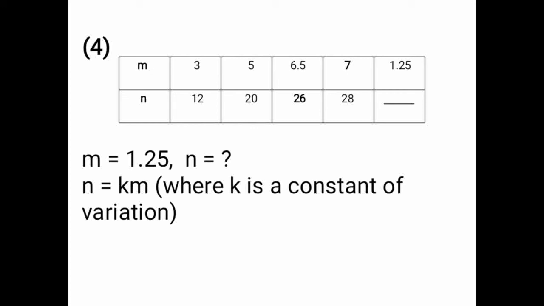Constant of variation K, you have to take it as 4, which you already got that answer before. N is equal to 4 into 1.25. In place of M, I have taken it as 1.25 because M value is given 1.25. You have to find N. And constant of variation K, I have taken it as 4.